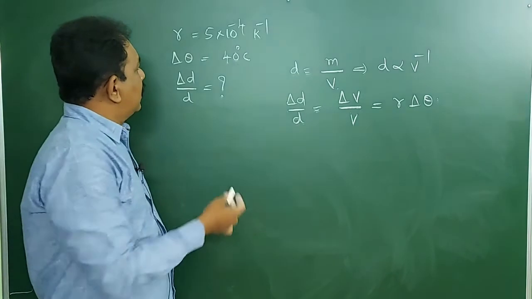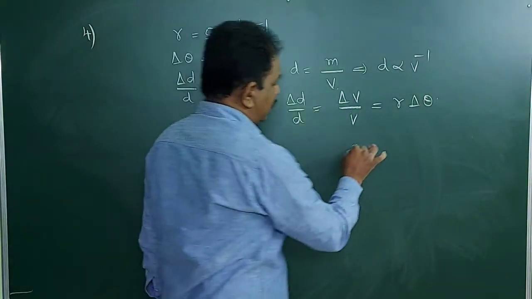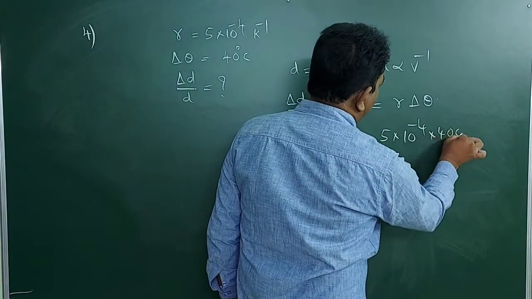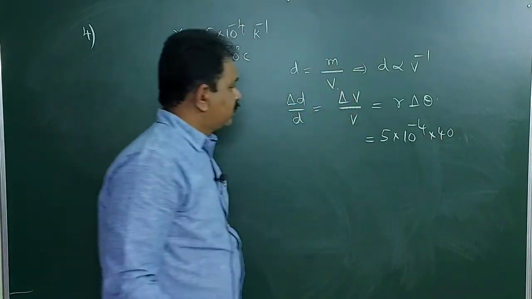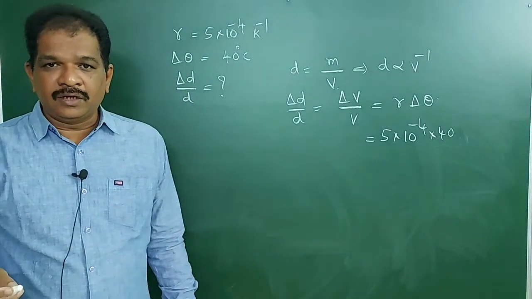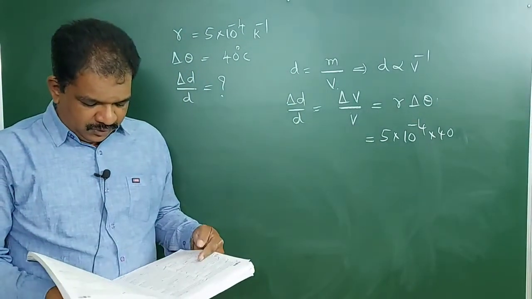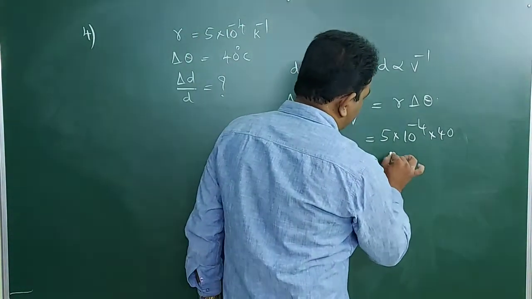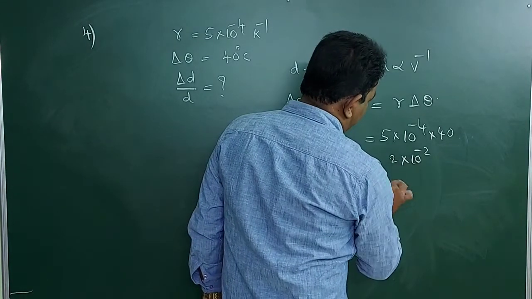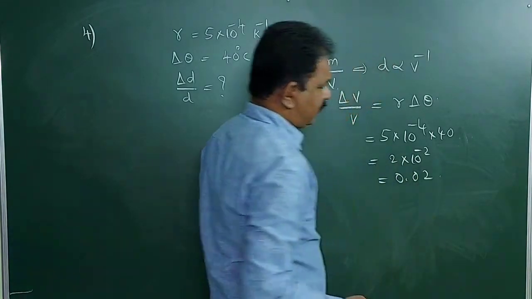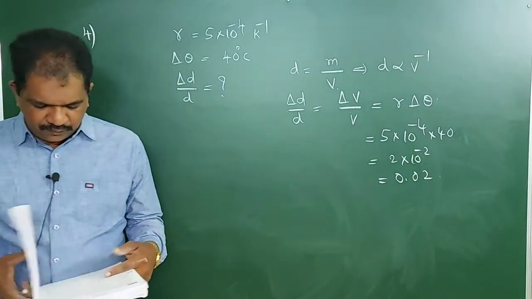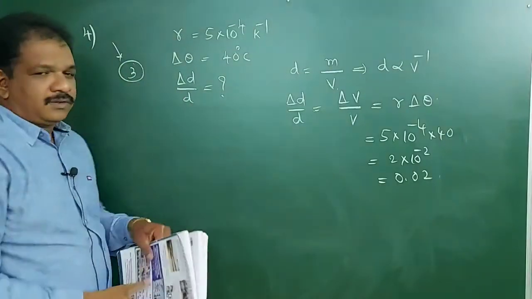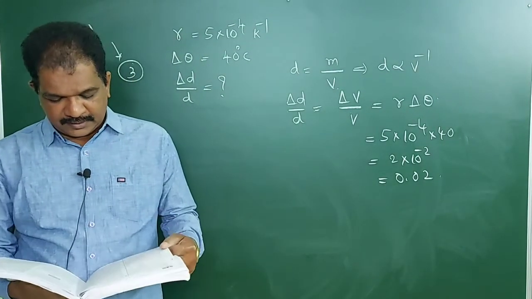Okay. So gamma given, delta theta given, 5 into 10 power minus 4 into 40. So that will be 200 into 10 power minus 4. So this value 2 into 10 power minus 2, 0.02. So fourth question, it will be third option. Clear?